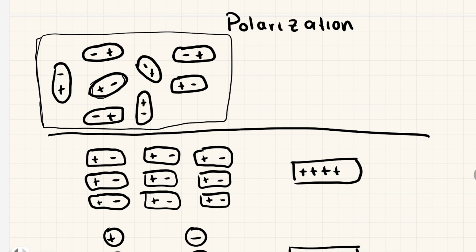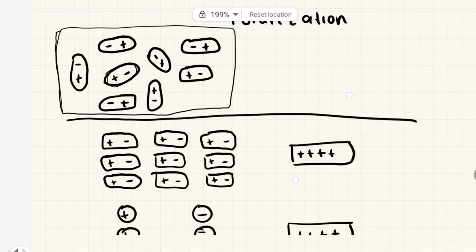So those molecules, I represent the positive charge with a plus and the negative charge with a minus. So these molecules are represented as dipoles that compose the material, okay? So this dielectric is made of dipoles.